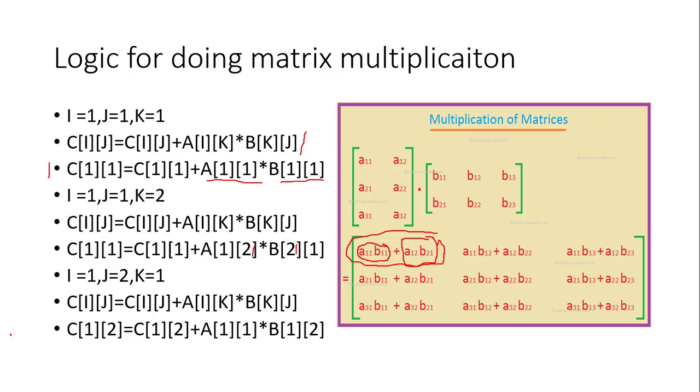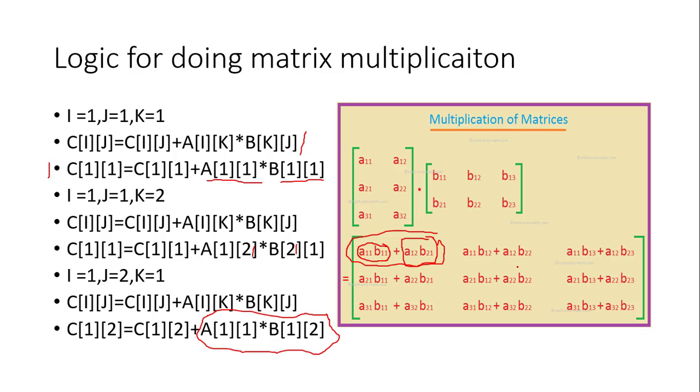Next, consider the j value is incremented to 2, and i remains the same. Once again k is varying from 1. So now the value of i is 1, j is 2 and k is 1. By substituting the i, j, k values, this part is carried out.